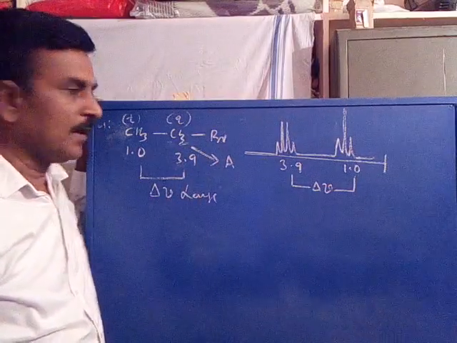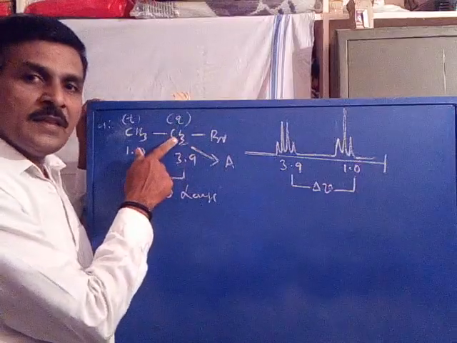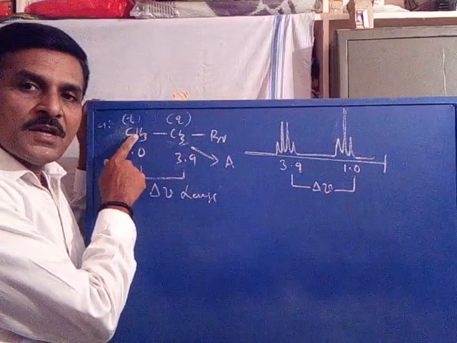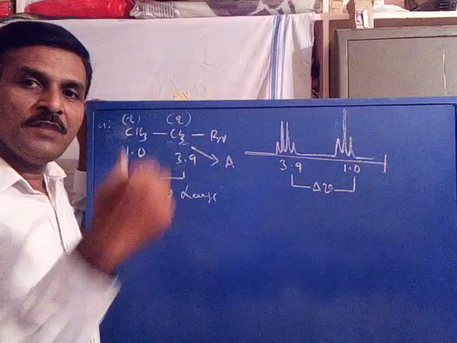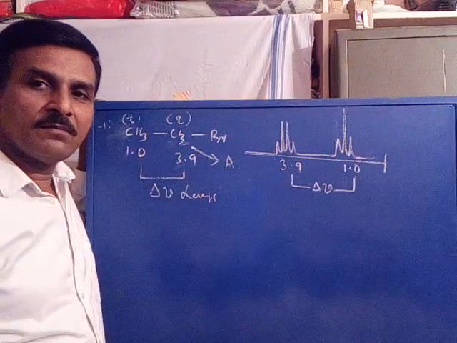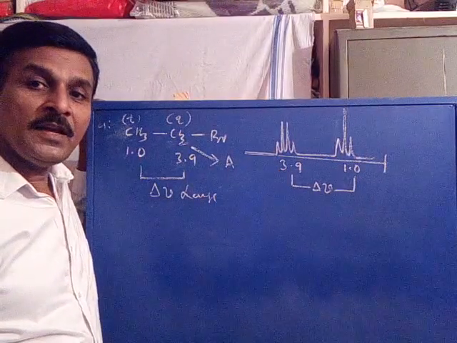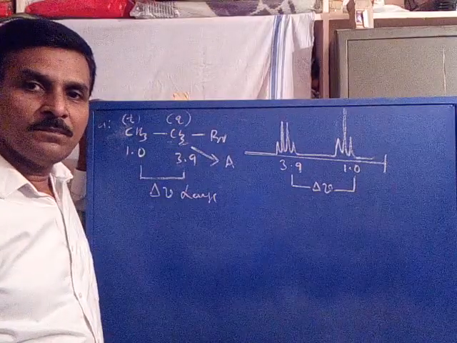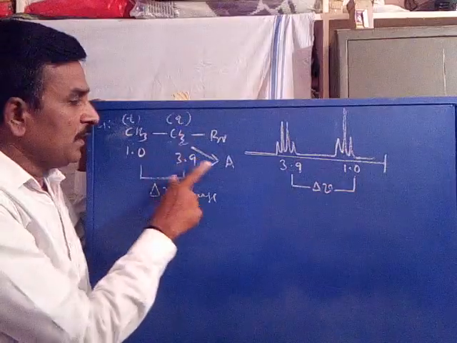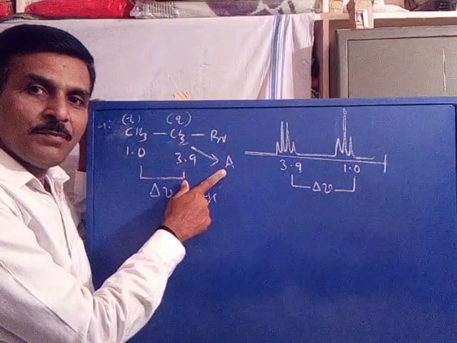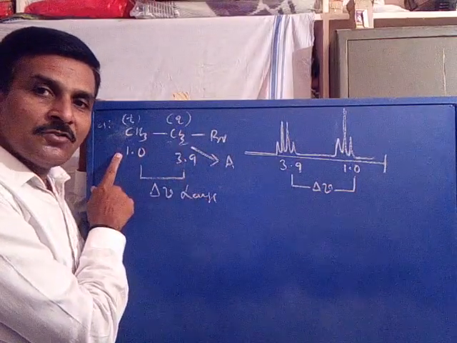Is it clear? Now in the case of a molecule consisting of only two sets, we should use the first letter and last letter, leaving the middle letter, that is M. So for two sets of proton, we use letter A for one set and letter X for the other set.